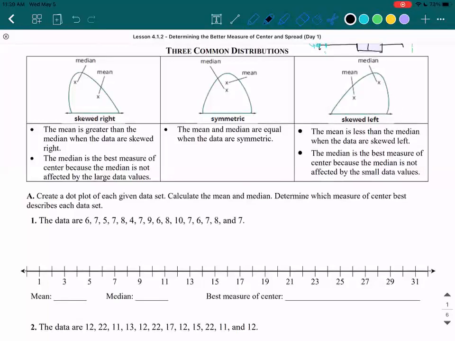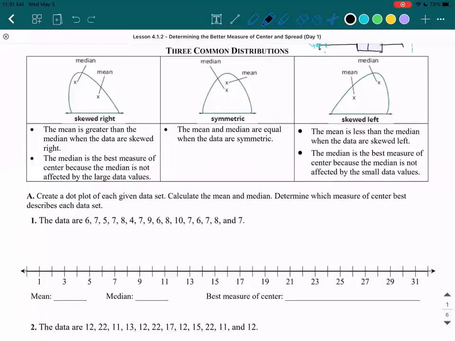And so when you have a skewed left, the mean is less than the median. The median is the best measure of center because the median is not affected by small data values. So very similar to skewed right, where the median is the best measure of center. So anytime your data is skewed, the median is better than the mean.